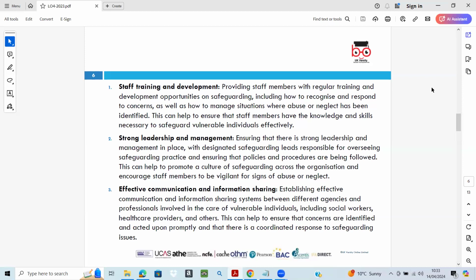What impact does strong leadership have on a team's safeguarding practices? Strong leadership creates a culture where safeguarding is prioritized and taken seriously. Leaders set the tone, and if they treat safeguarding as a critical aspect of care, it encourages all staff to follow suit and maintain high standards.